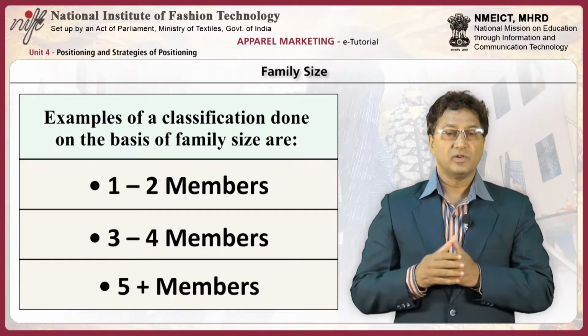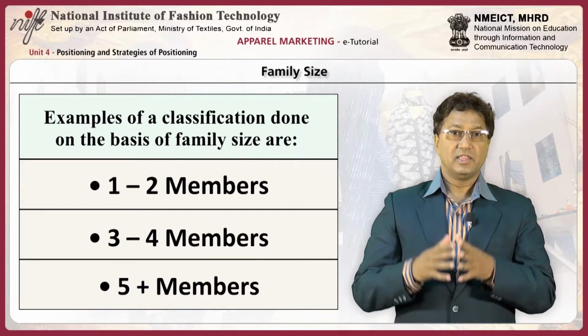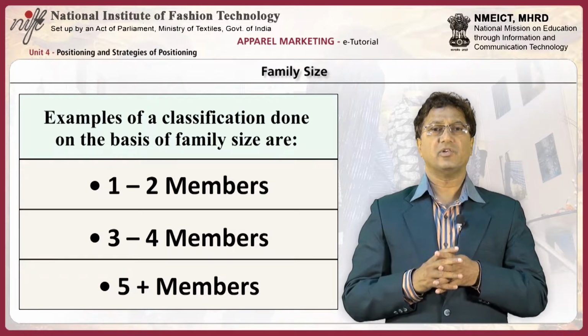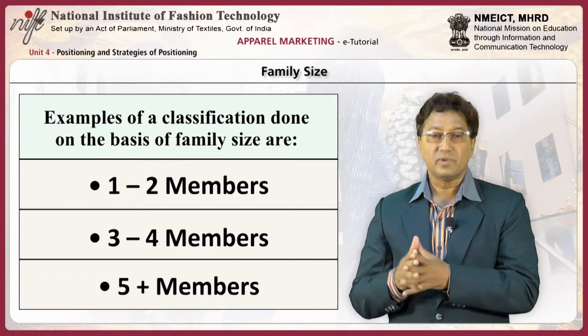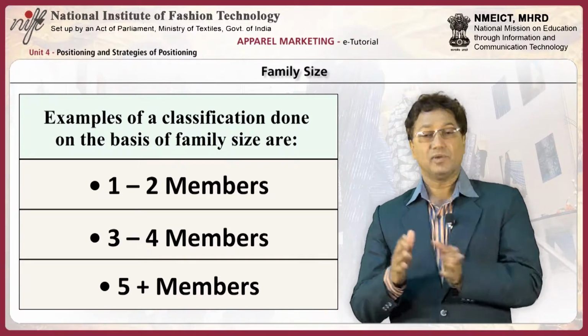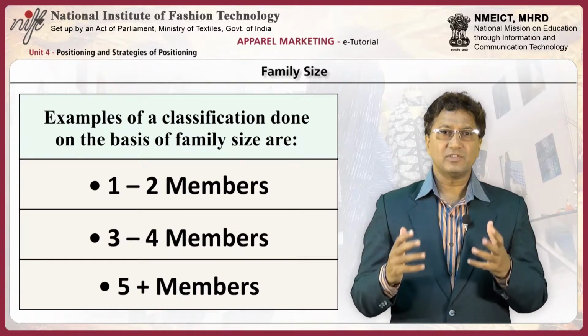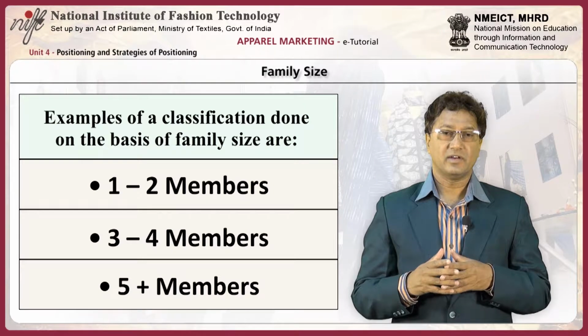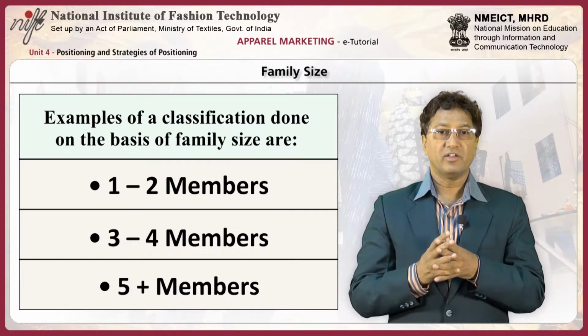Now let's come to the next classification done on the family size. The examples of classification done on the basis of family size are 1 to 2 members family, or 3 to 4 members family, or 5 plus members, etc. Because the bigger the family size, the less would be the spending power, or there are different dynamics in big families.